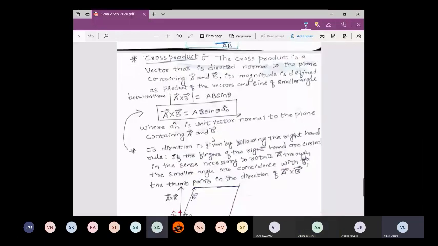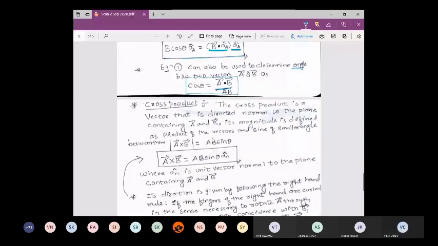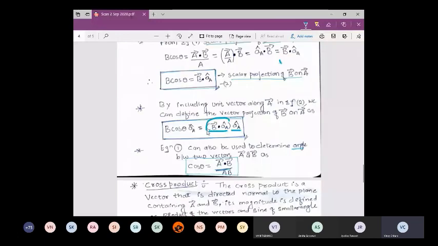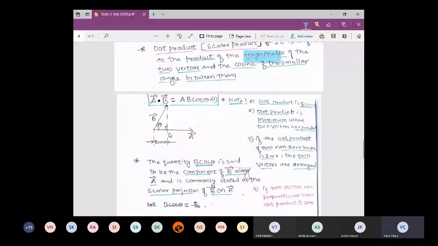So can you tell me what this part is? From this figure, what is that part trying to tell us? Is it representing this length? Am I correct? Yes.